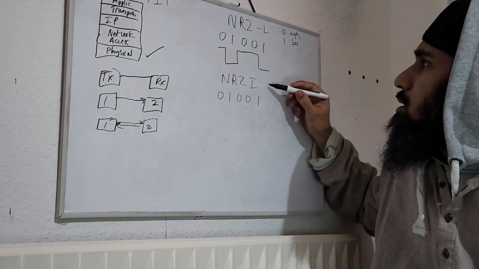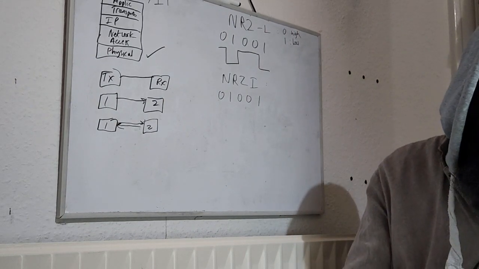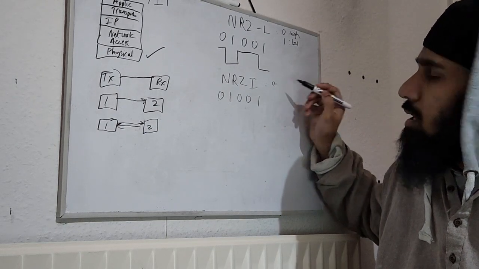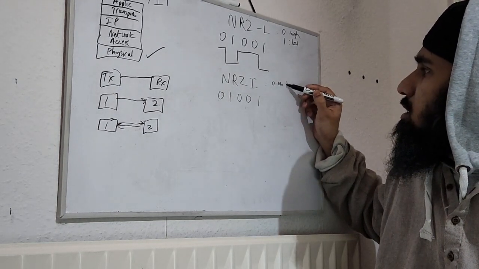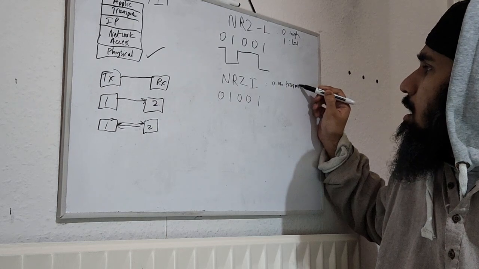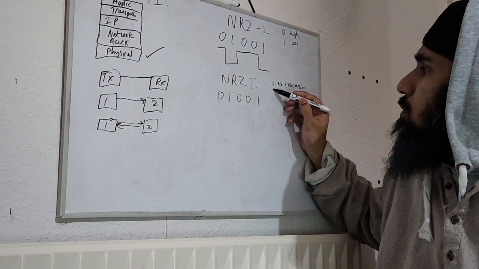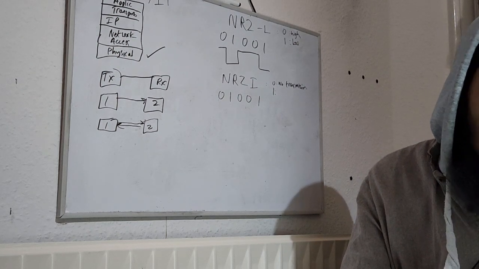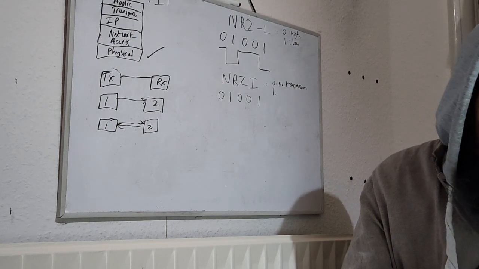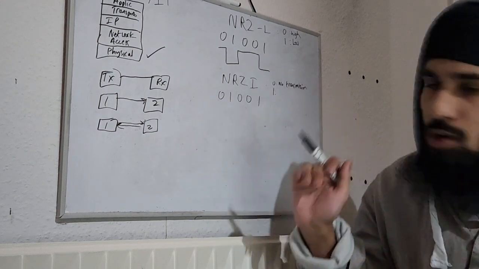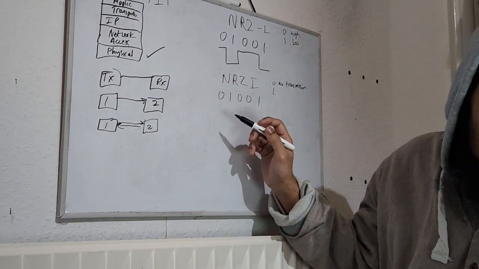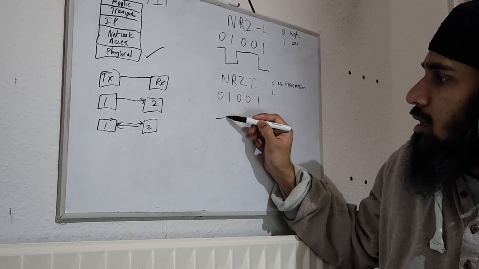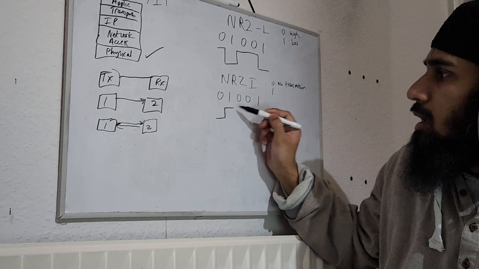What this one is about is that 0 means no transmission, and 1 is a transition at the start of the bit. Let me show you the example. When it's a 0, there will be no transmission, and when it's 1, it will be high.